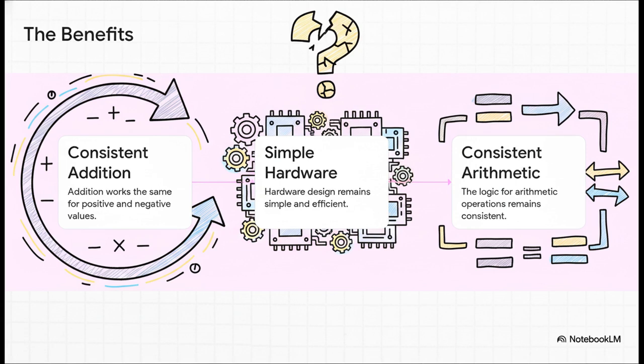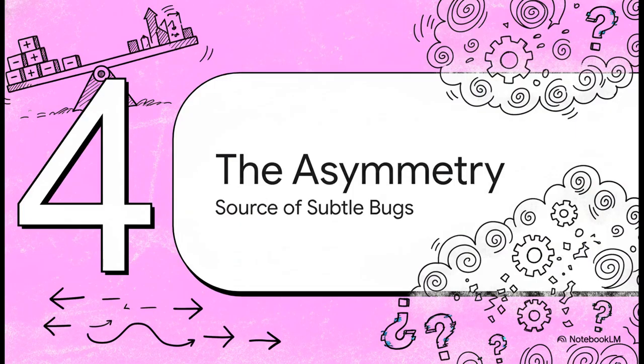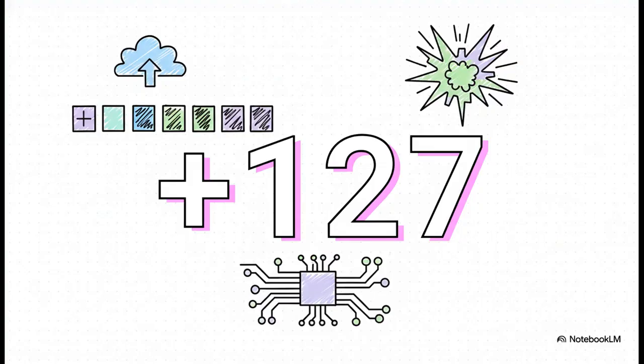But, and this is a really big but, this brilliant trick comes at a price. And that price is a strange, deeply non-intuitive imbalance in the number range. It's an asymmetry. And this one little detail is the source of countless, subtle, incredibly hard-to-find bugs. With our 8-bit signed number, the largest positive value we can possibly represent is +127.